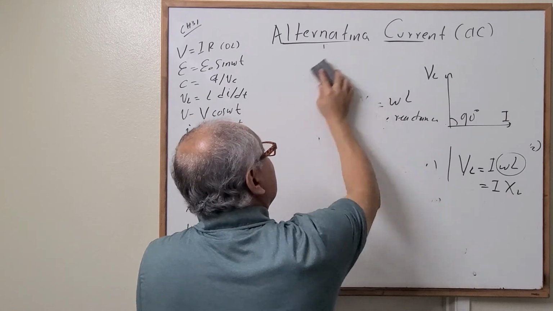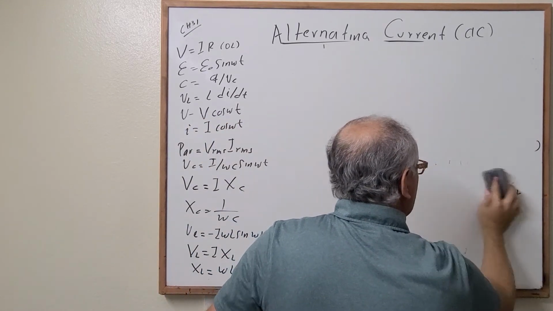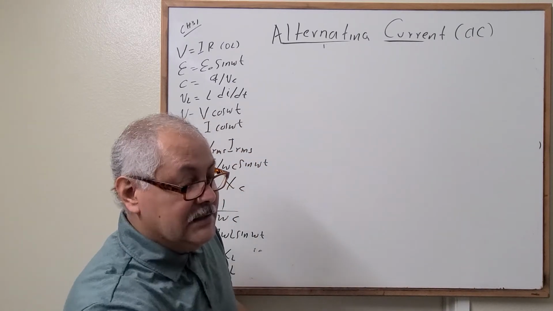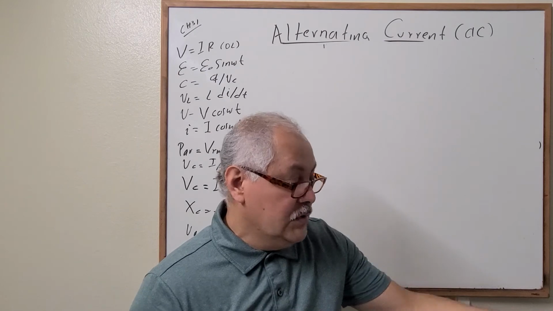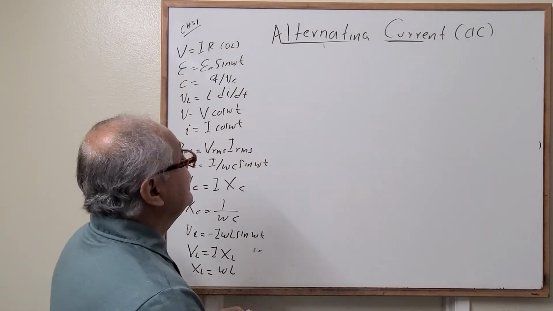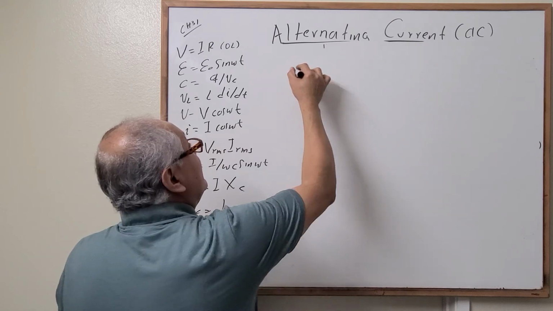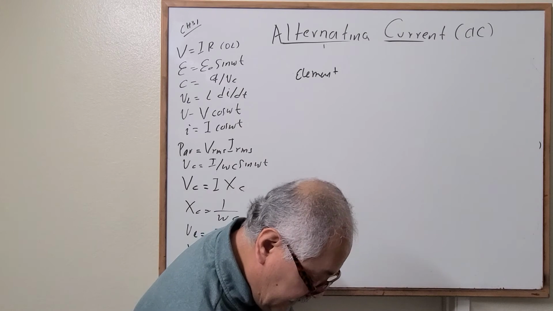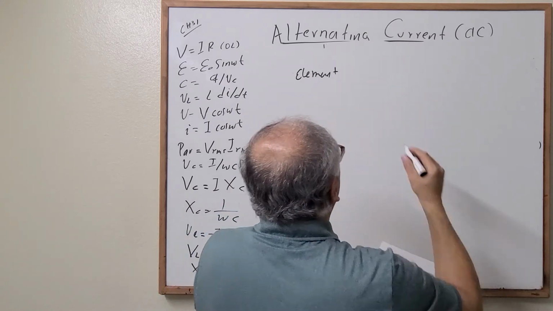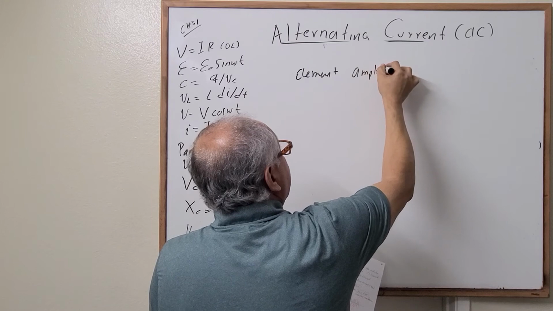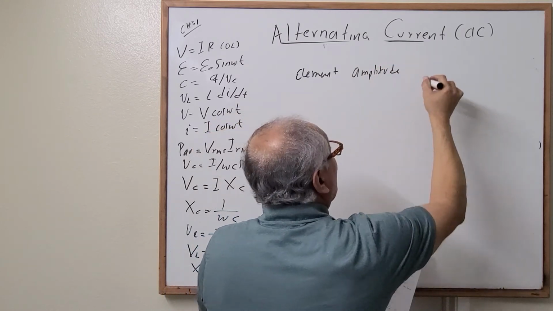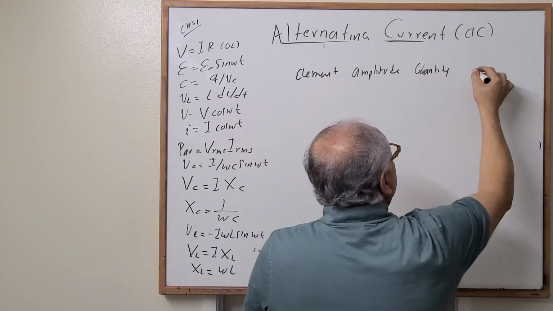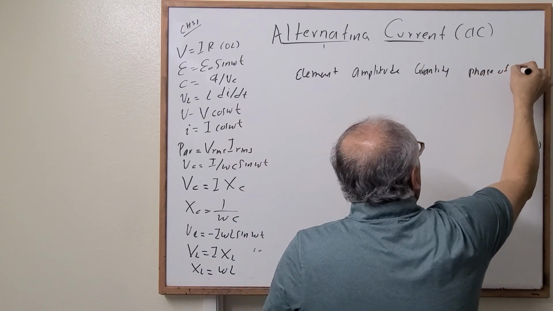Now let's write the conclusion for these three elements that we found so far. We have the amplitude, the quantity, and the phase of the voltage.